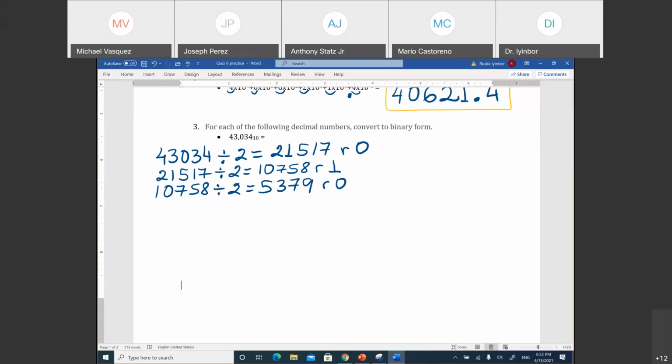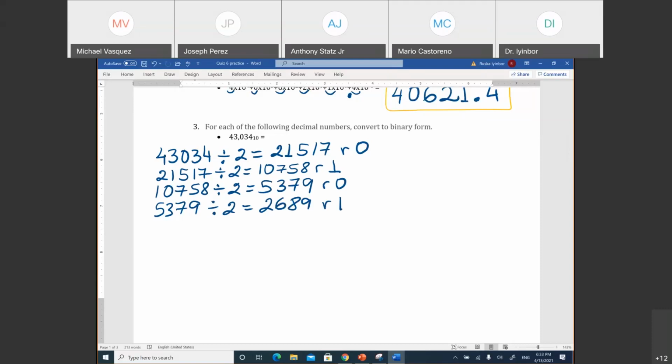Then the next one is 5,379, and I divide it by 2. It's going to be 2,689 with remainder 1.